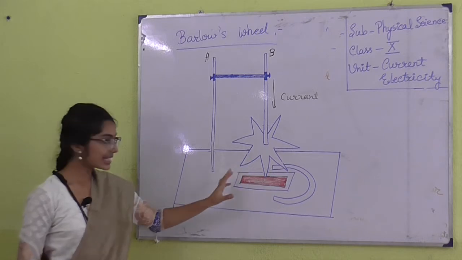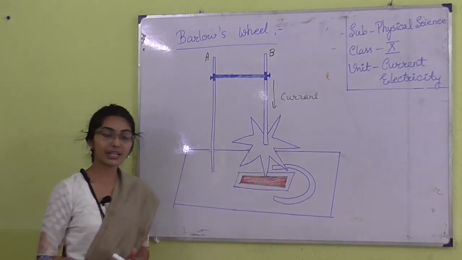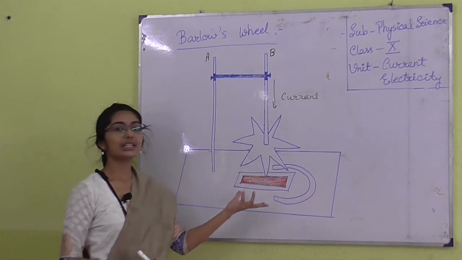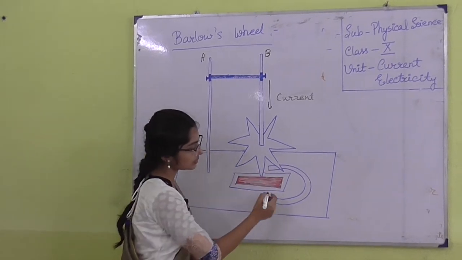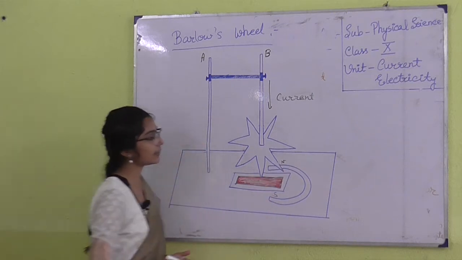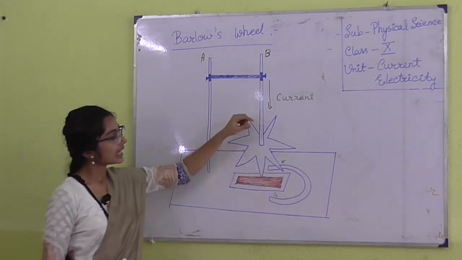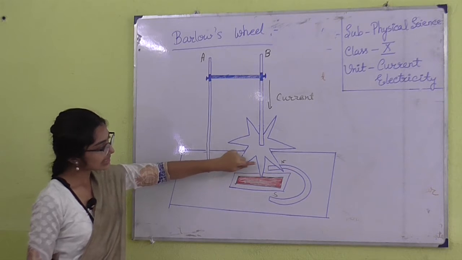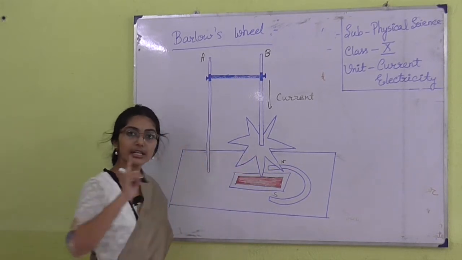The base has a groove that is filled with mercury, and it is placed in between two magnets. This is the north pole of the magnet, this is the south pole of the magnet, and the wheel is placed between the magnets. There are 1, 2, 3, 4, 5, 6, 7 teeth.